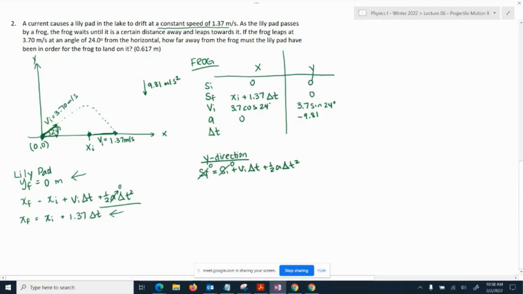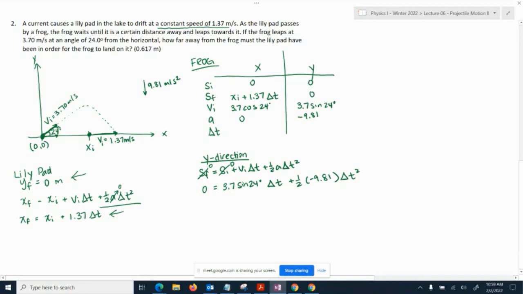So let's start to sub in what we know. So we have 0 equals V initial, which is 3.7 sine 24 degrees, delta t, we're looking for, plus 1/2 A, which is negative 9.81, delta t squared. So let's simplify all of this.